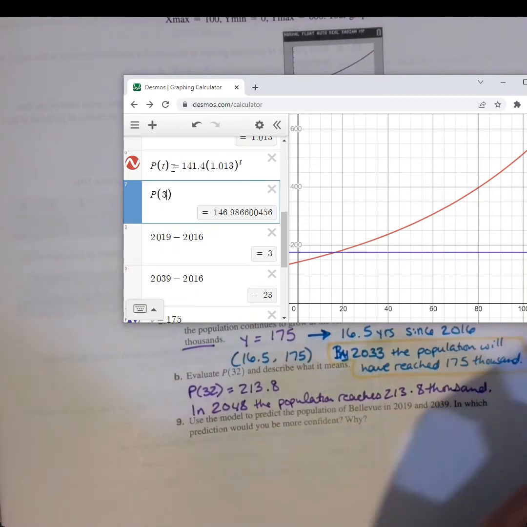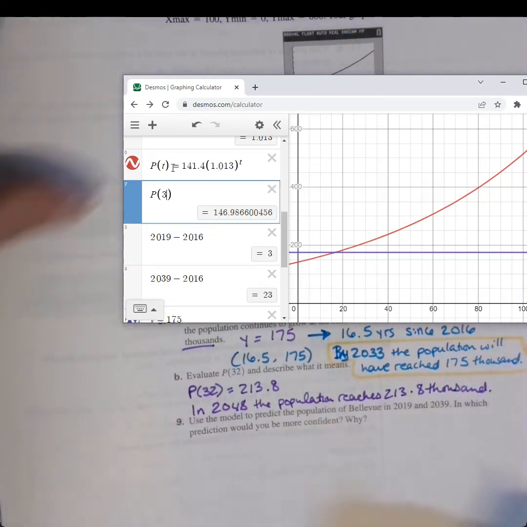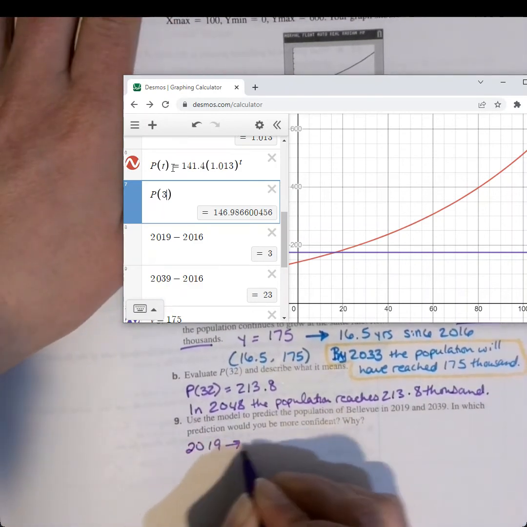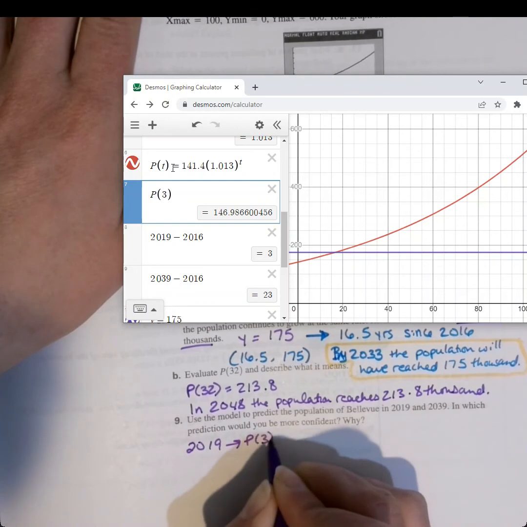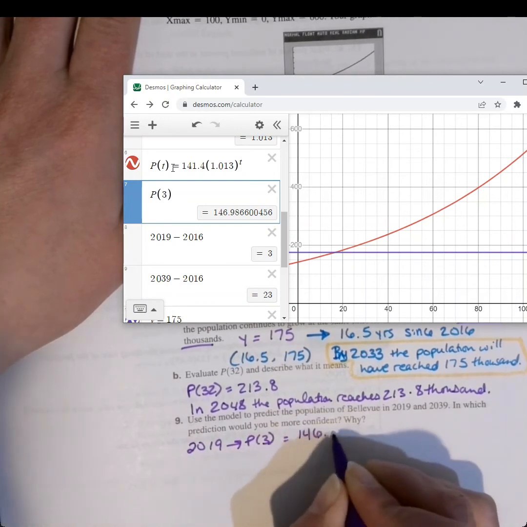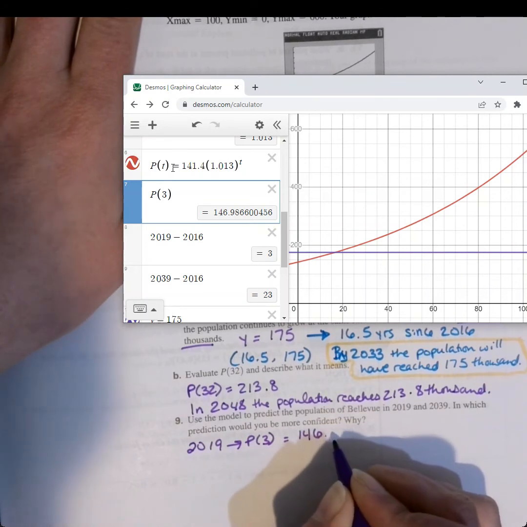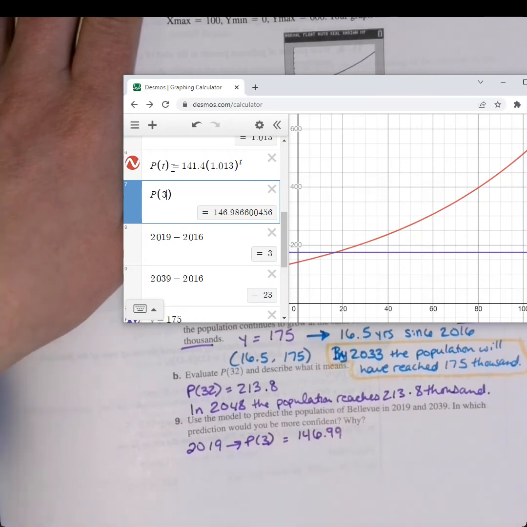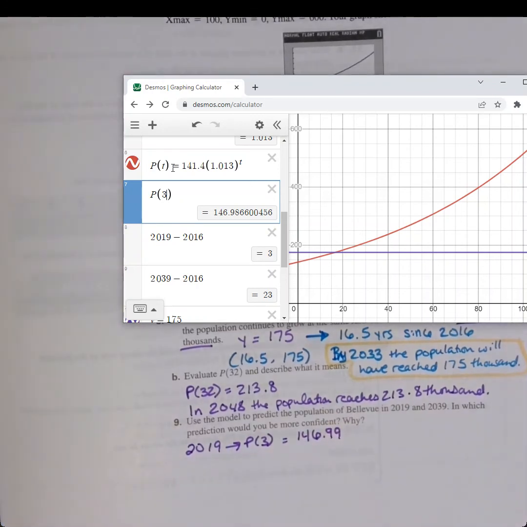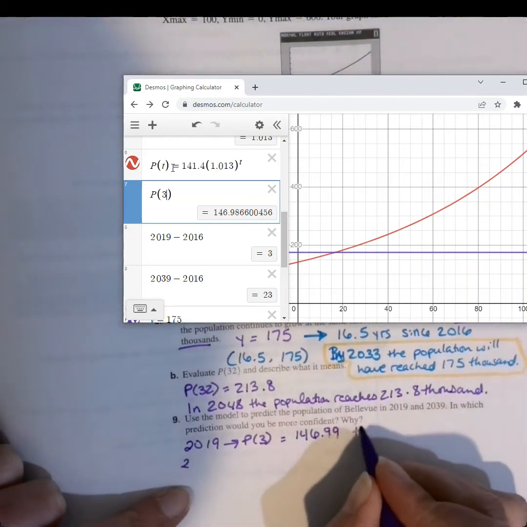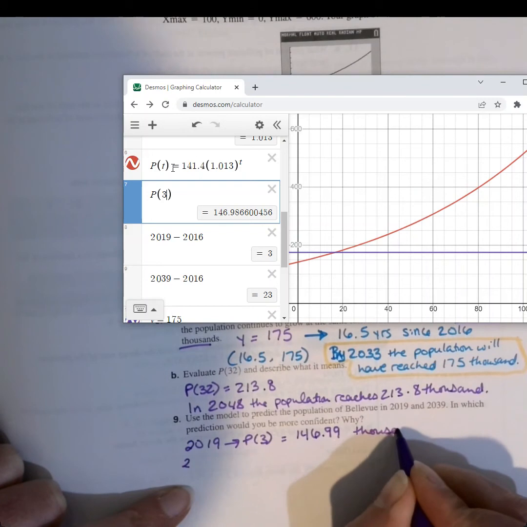So we'll do our prediction for 2019 first. In 2019, we're going to compute P of 3. And P of 3 is 146.98. So I have to round it to 147.0 or 146.99. I already wrote 146, so I'm just going to keep 2 places on that because with 1 place it would be down to 147.0. And then I'll write 1,000 after it just because that's the units.